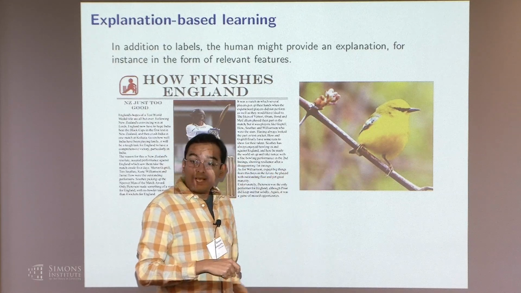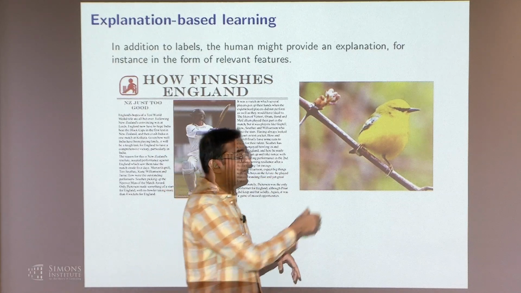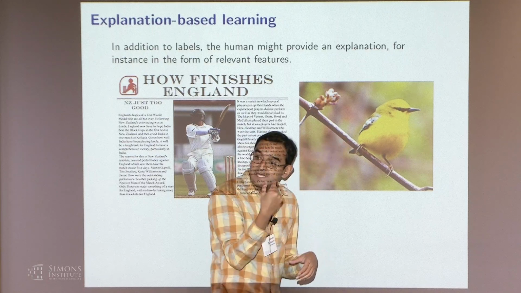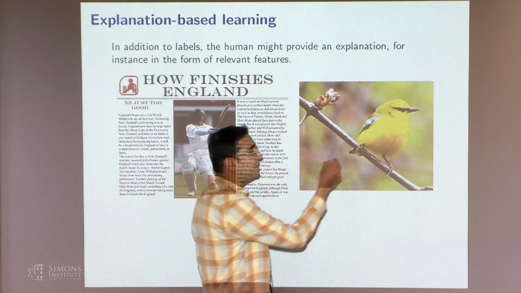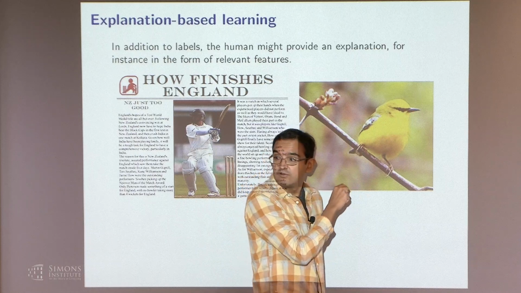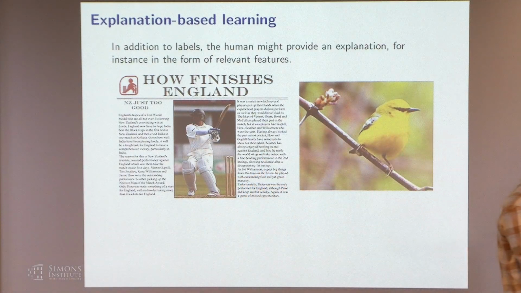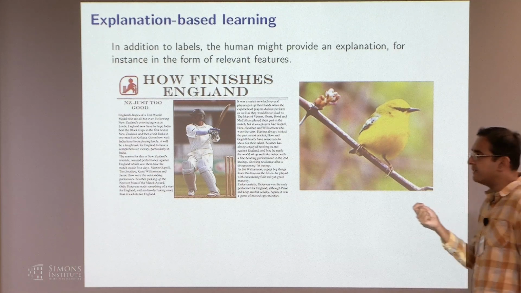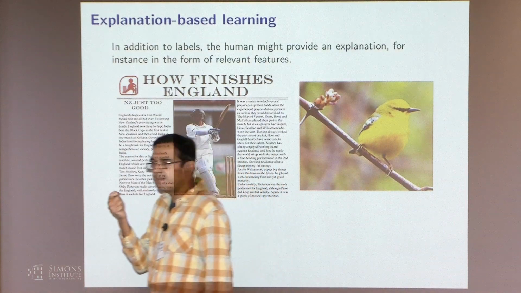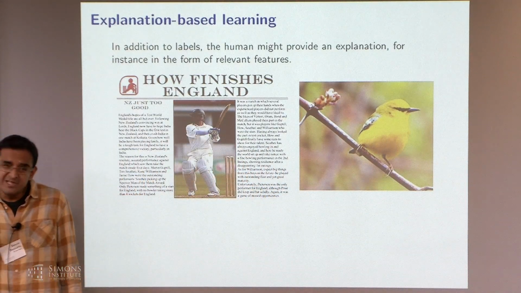And then the human expert says, no, it's not, it's a warbler, but at the same time provides a little bit of an explanation by, say, clicking on the beak, or something that distinguishes these two types of birds. So these are both cases in which the labeler is doing a little bit more work and providing some information that's potentially ambiguous.